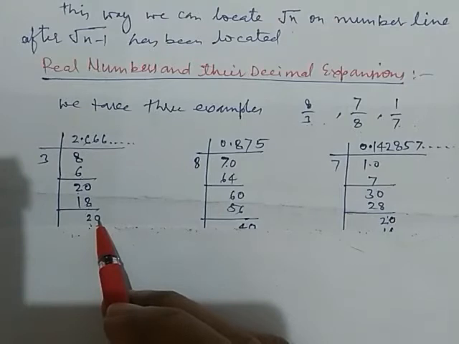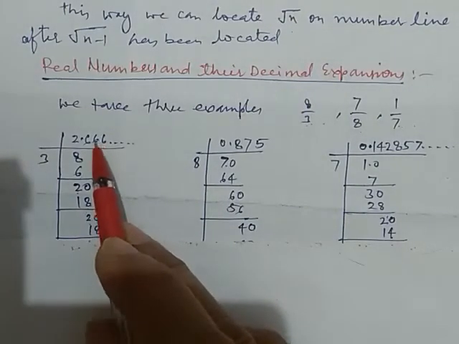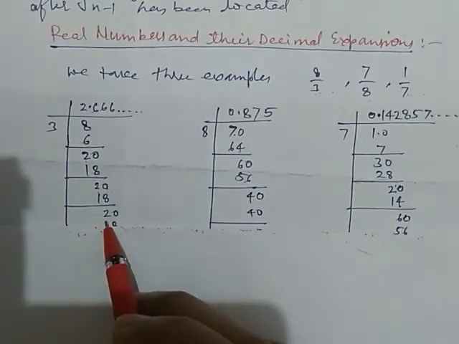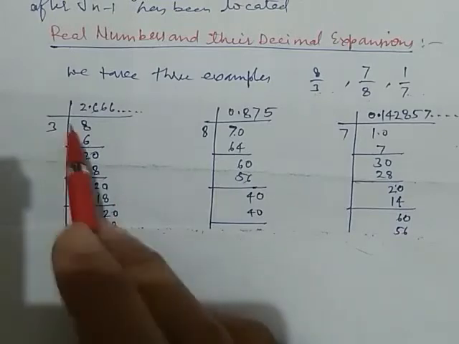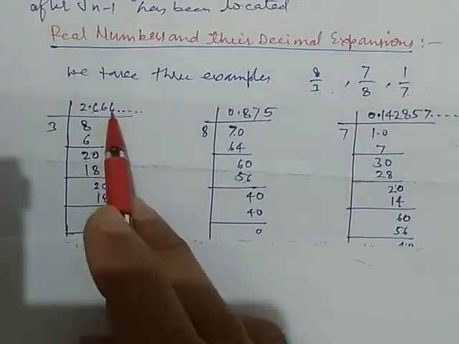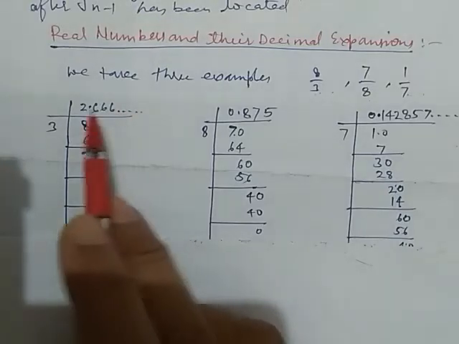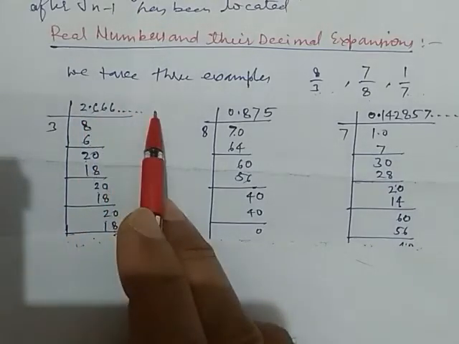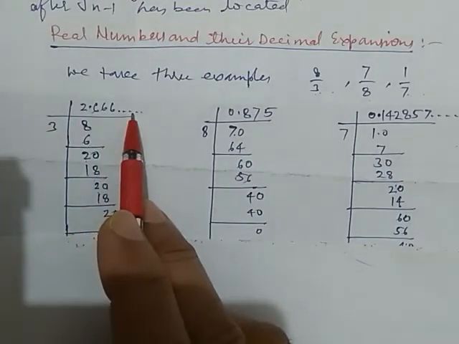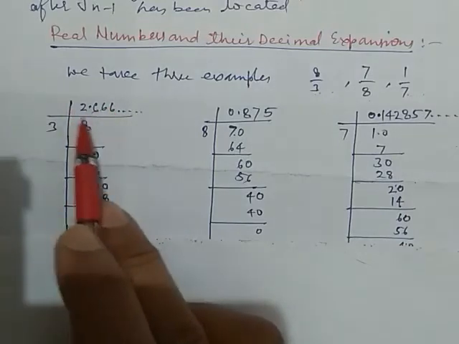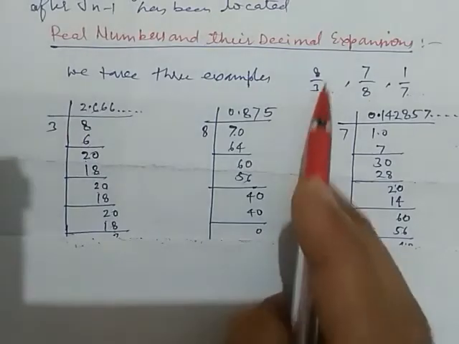Again 20. Now 6 times 3 is 18, so again we get 6. Again the remainder is 2. Now this becomes 20. 6 times 3 is 18, so again 6. So this is a non-terminating decimal expansion. 8 by 3 is a non-terminating decimal expansion, but it can be represented as 8 by 3.